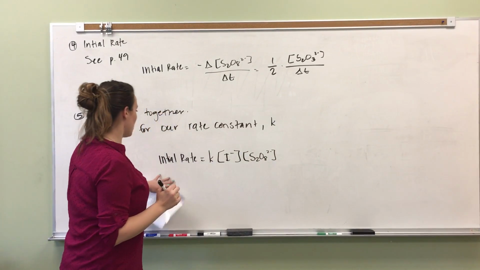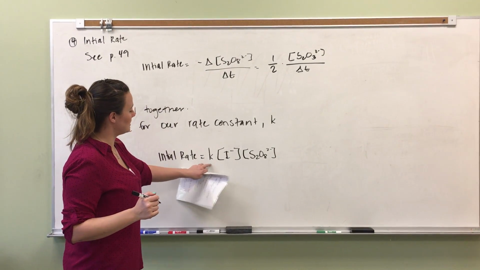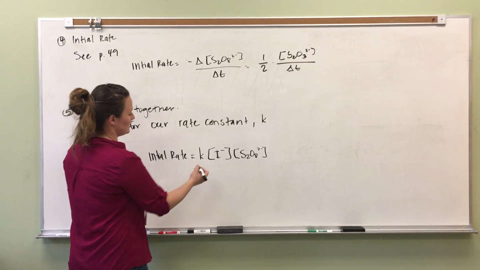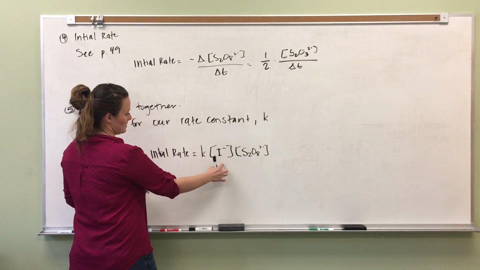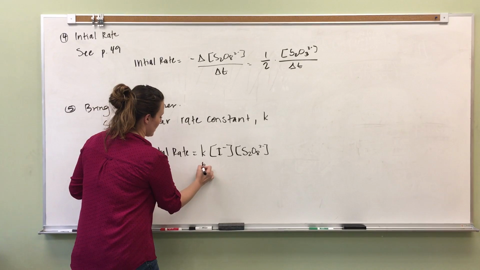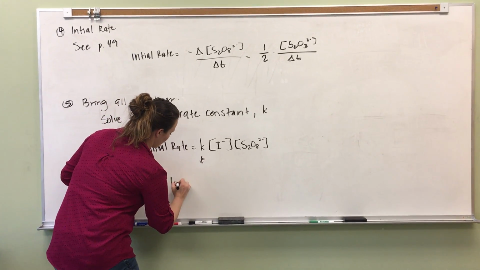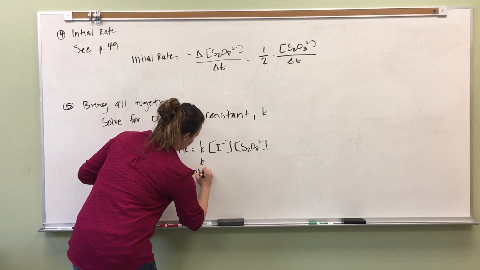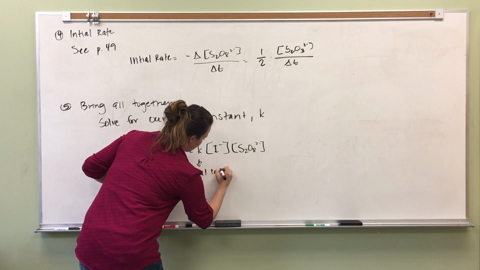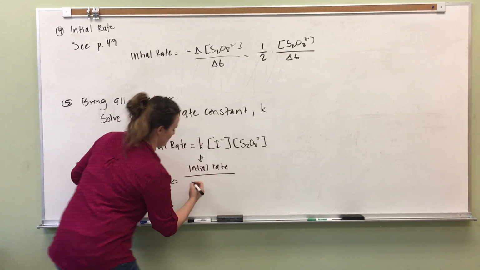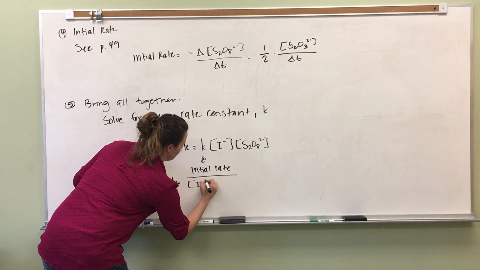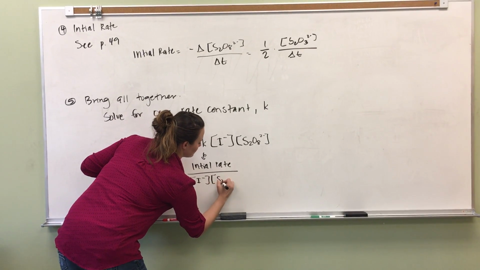Again, you guys don't have to put the 1s because it's known that it's 1 if you don't put anything. So to figure out what our rate constant K is going to be, we're going to divide each side by the concentrations. So we get little k equals our initial rate divided by our 2 concentrations.